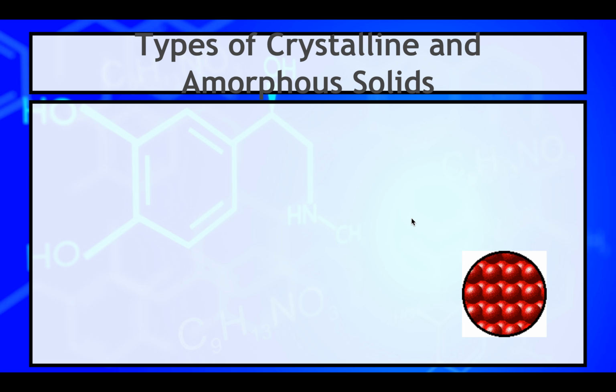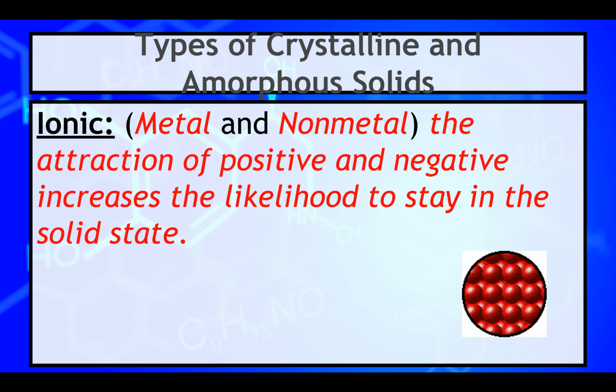There are different types of crystalline and amorphous solids. So the first one is ionic. You're going to have a metal and a non-metal element joined together. The attraction of the positives and negatives will increase the likelihood that it's going to stay in the solid state. Remember when we did experiments in the beginning of the year, it took a lot more energy to get to the melting point of salt than it did for something like sugar.